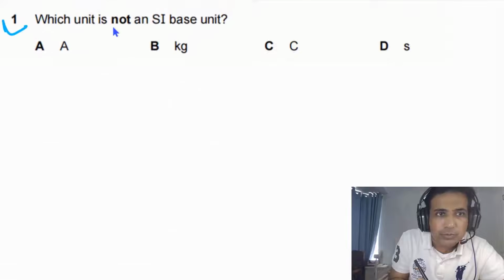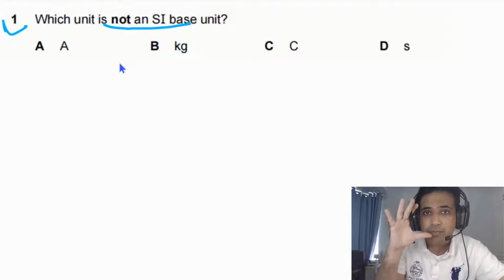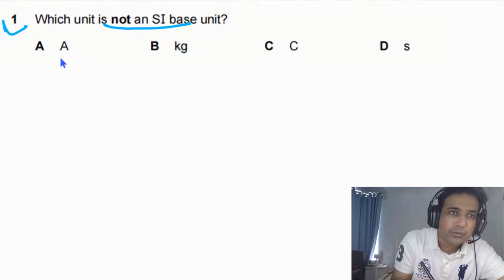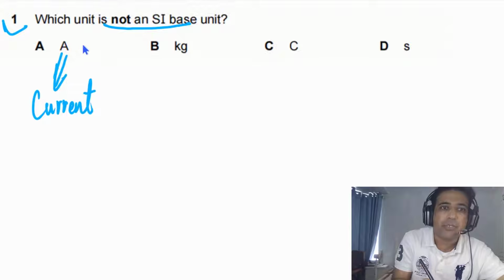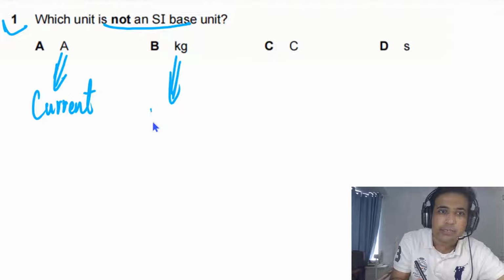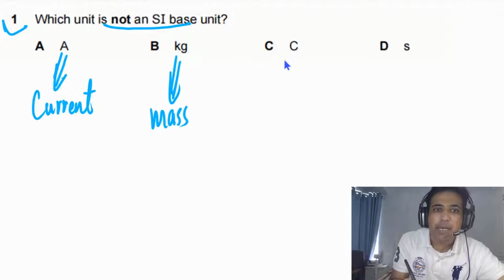Question 1 says, which unit is not an SI base unit? We have 7 SI base units. If you look at the first unit, this is ampere, and this is the SI base unit of electric current. So this is right. kg is the SI base unit of mass.